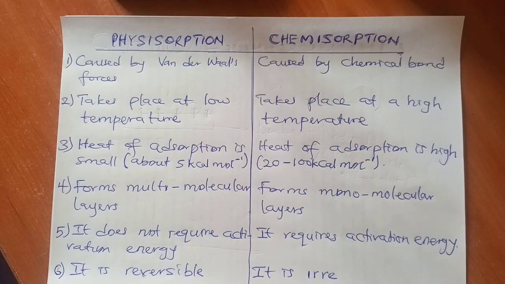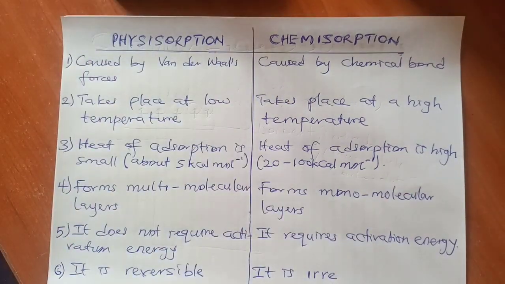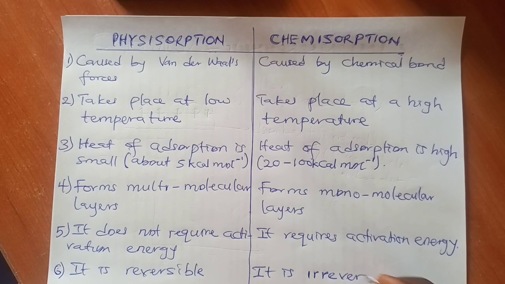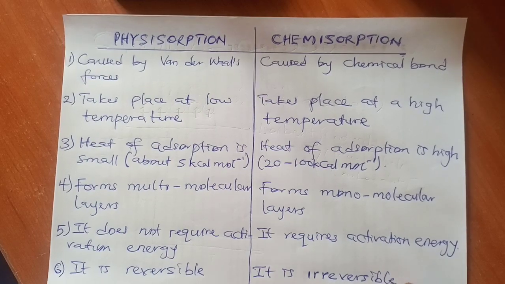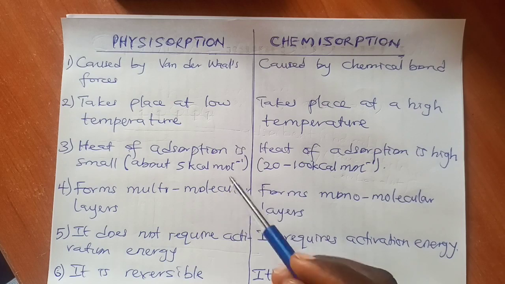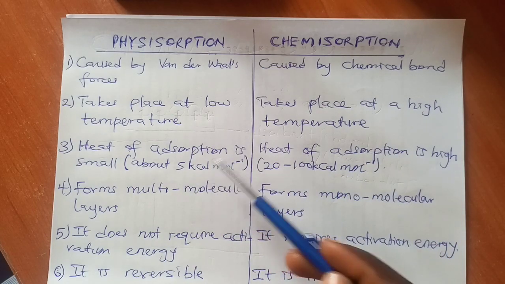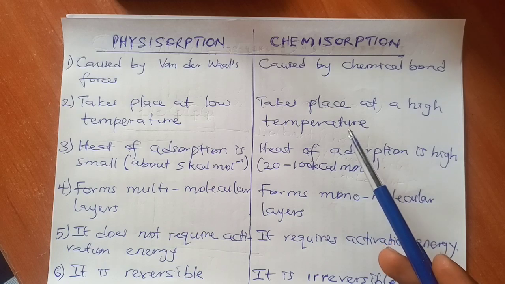Look at the tabular differences here between physisorption and chemisorption. As I have explained earlier, physisorption is reversible, while chemisorption is an irreversible process. Physisorption is caused by van der Waals forces, chemisorption by chemical bond. Physisorption takes place at low temperature, chemisorption at high temperature.